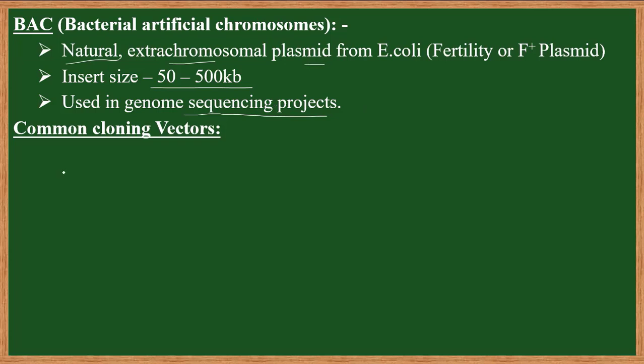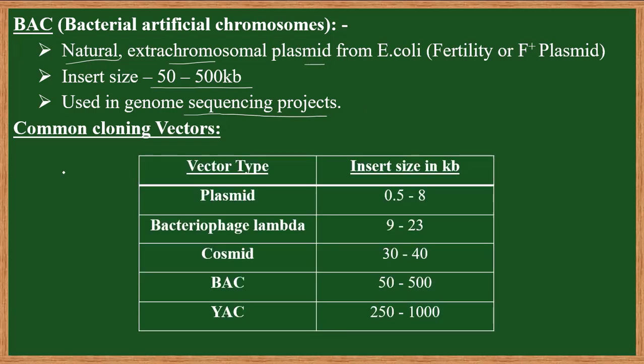And last is the common cloning vectors. So these have different insert sizes. Plasmid has 0.5 to 8 kb, bacteriophage lambda 9 to 23 kb, cosmid 30 to 40 kb, BAC 50 to 500 kb, and YAC has the big size, 250 to 1000 kb.